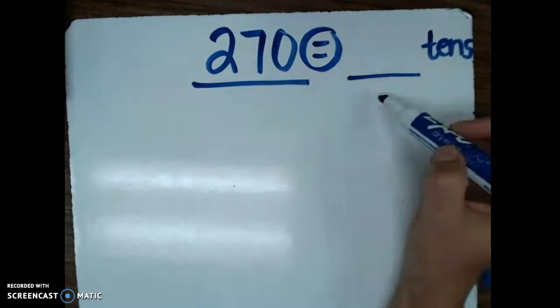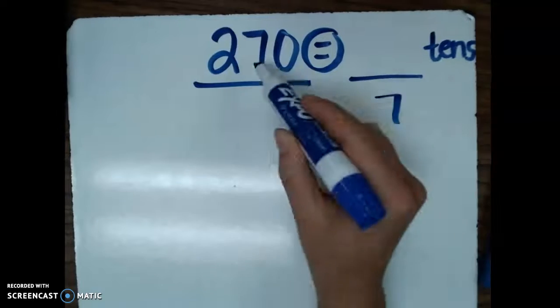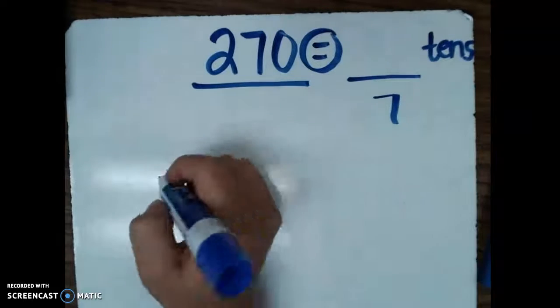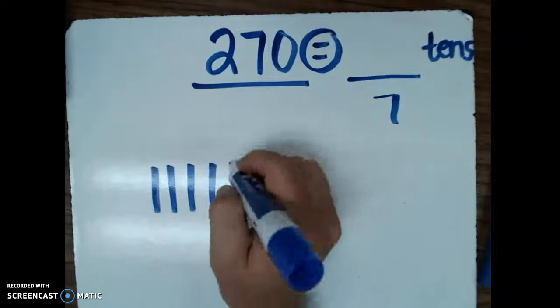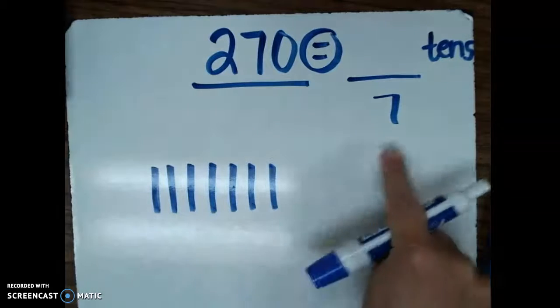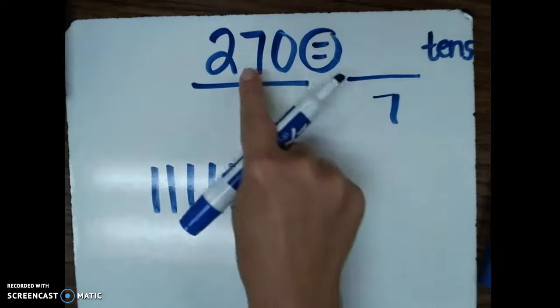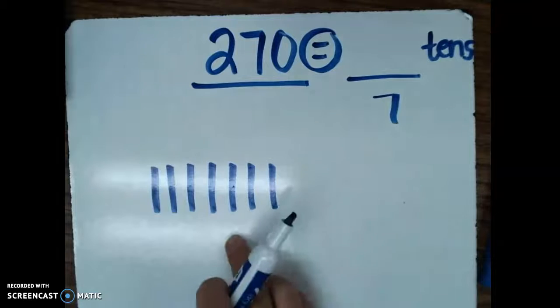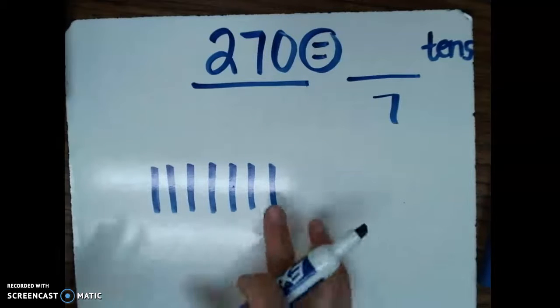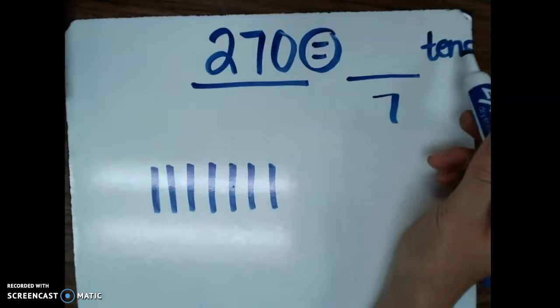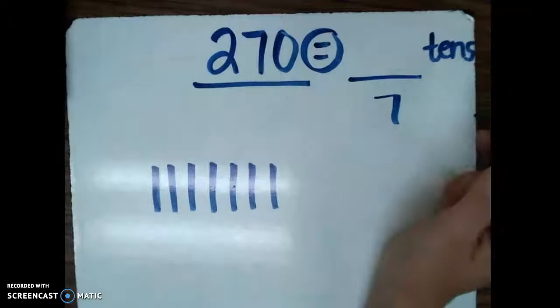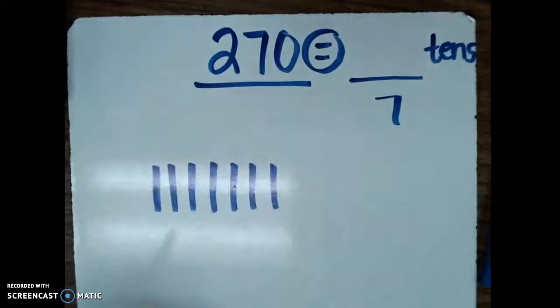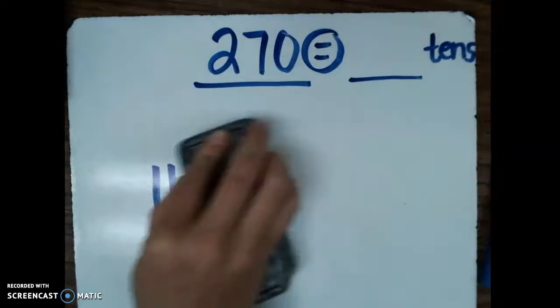If I put 7 right here, just pretend like I was like, oh, 7's in the tens place. Well, 1, 2, 3, 4, 5, 6, 7. I drew 7 tens. Now, is this right here 270? No. So I have to think and model it and draw it out. Is 7 tens the same as 270? No, it is not. So you have to be careful.